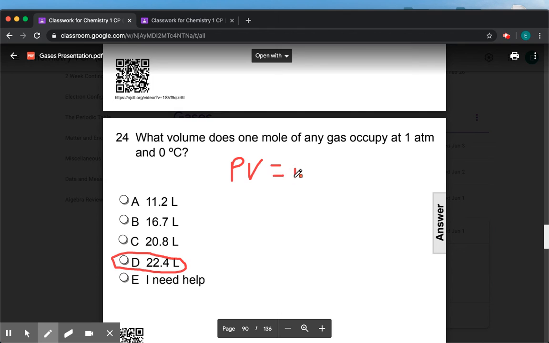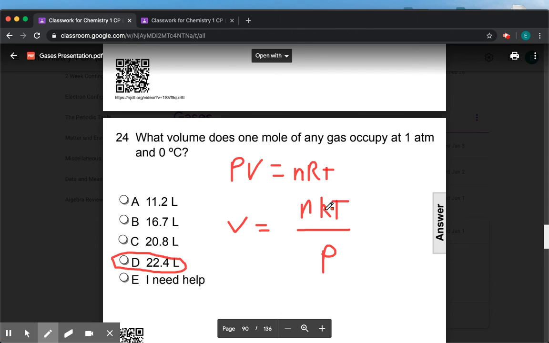PV is equal to nRT. You want to solve for volume, so get V by itself. So V is equal to nRT divided by P. N is 1, we have 1 mole. T is 273, and pressure is 1 atm.